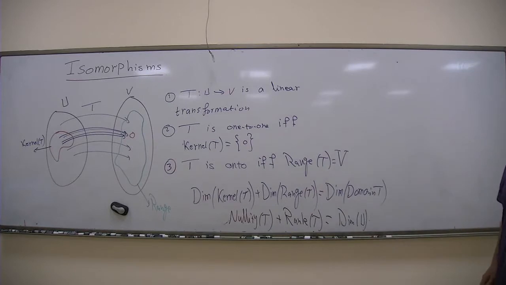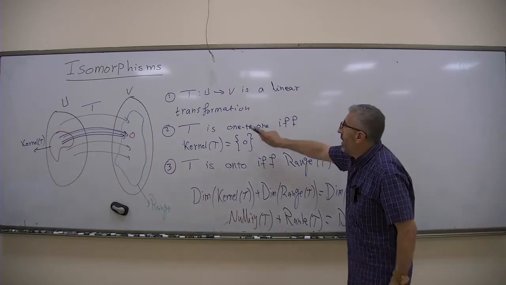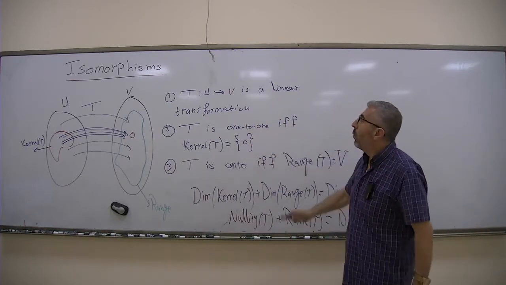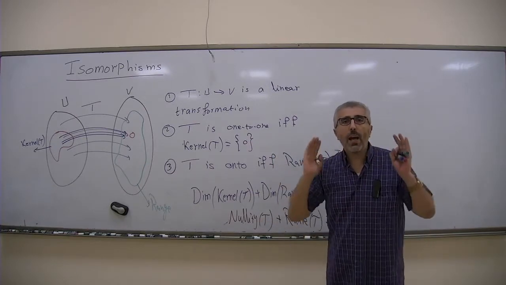Now, if we have a linear transformation that is one-to-one and onto, we call that linear transformation an isomorphism.